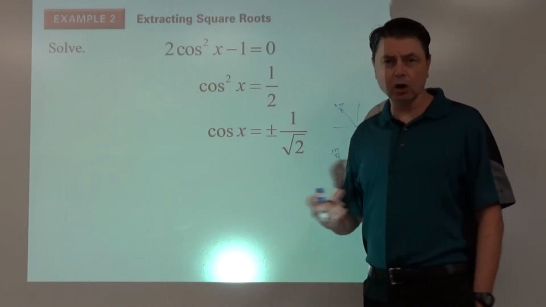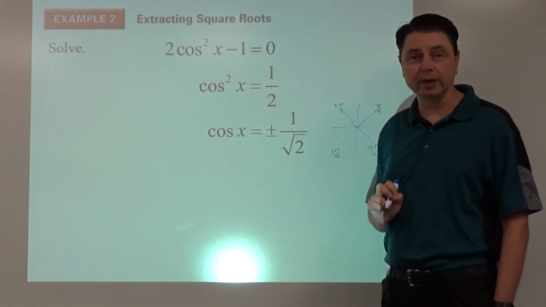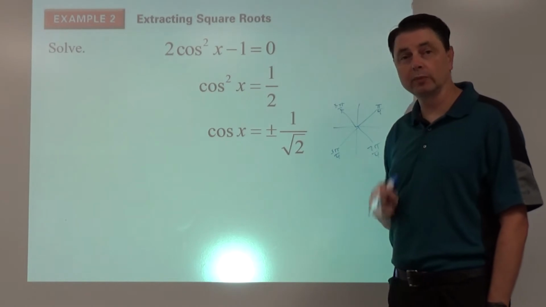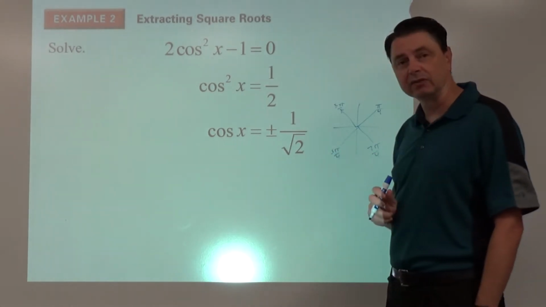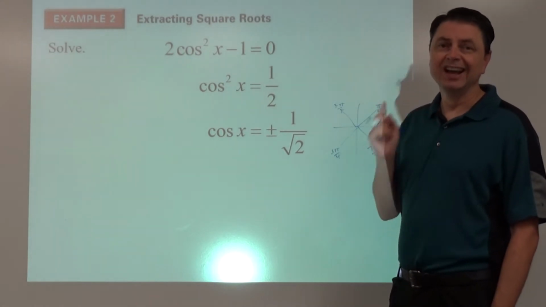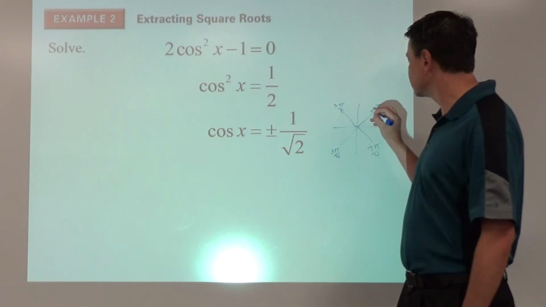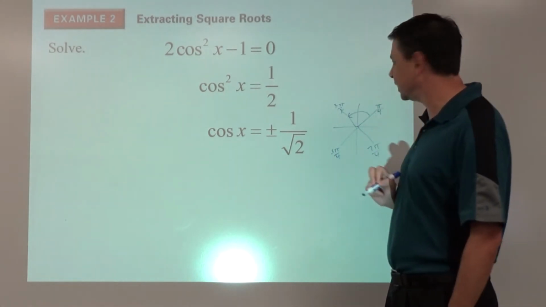So it is okay and acceptable to say pi over 4 plus 2n pi, 3 pi over 4 plus 2n pi, 5 pi over 4 plus 2n pi, 7 pi over 4 plus 2n pi, where n is an integer. Or we could recognize that all of these are equally spaced.